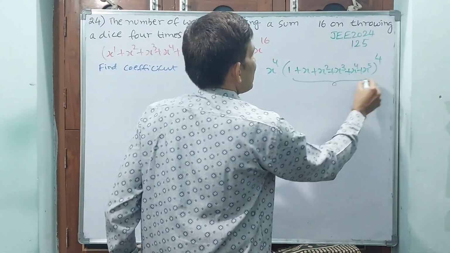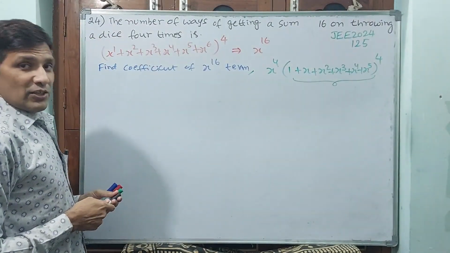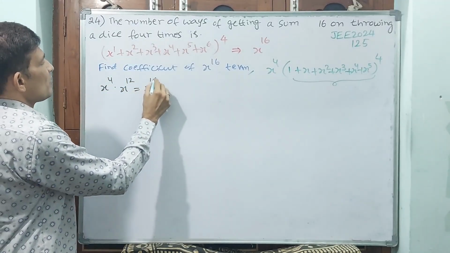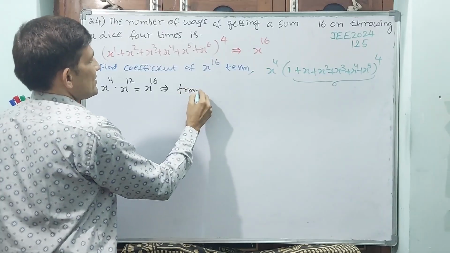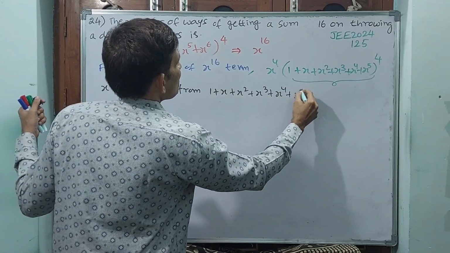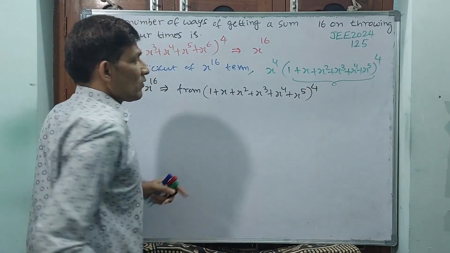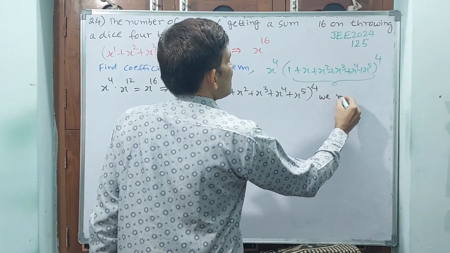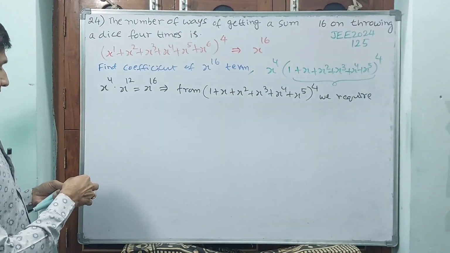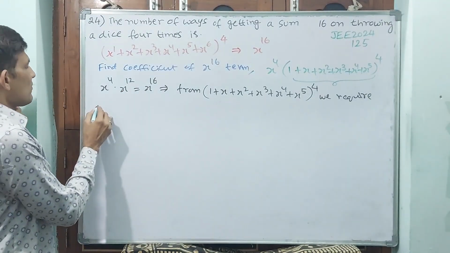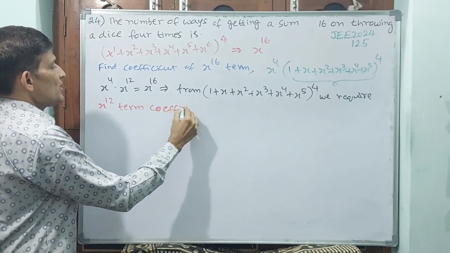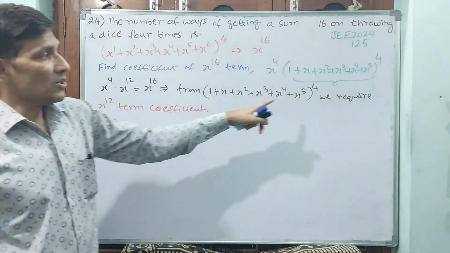From this, what do you require? x to the power of 12. x to the power of 4 into x to the power of 12 is equal to x to the power of 16. This implies from (1 plus x plus x square plus x cube plus x to the power of 4 plus x to the power of 5) whole to the power of 4, we require the x to the power of 12 term coefficient. You understand? From this, you require x to the power of 12.